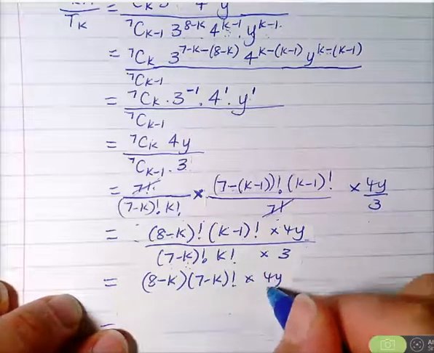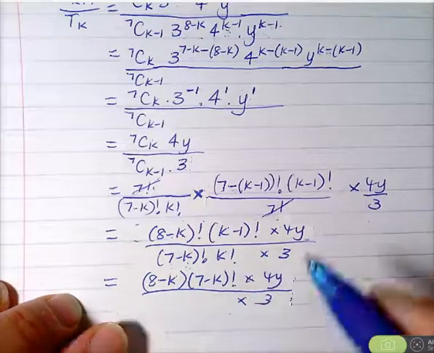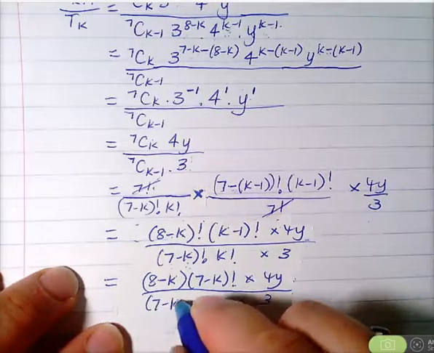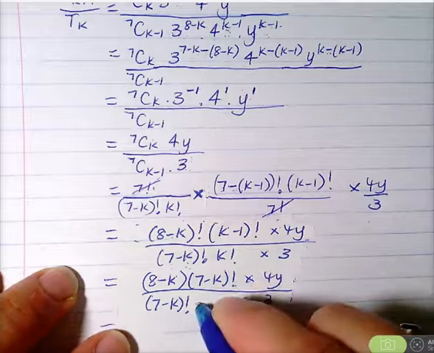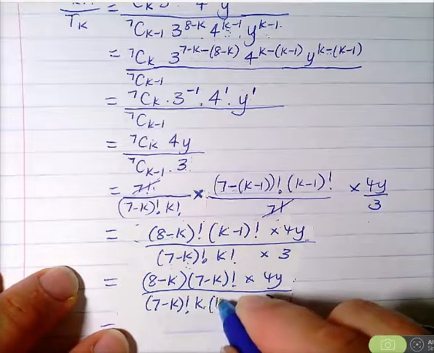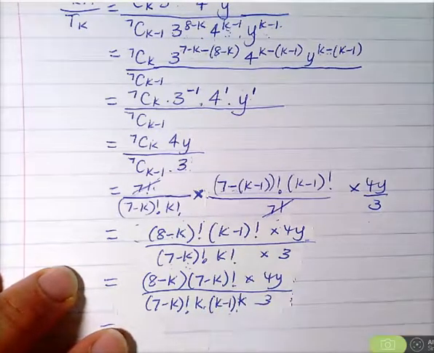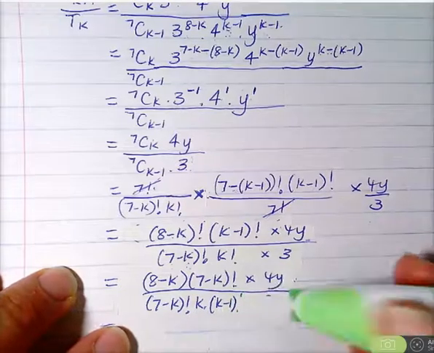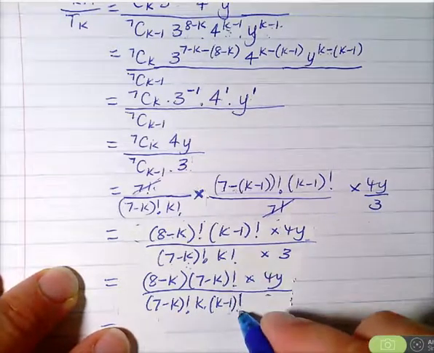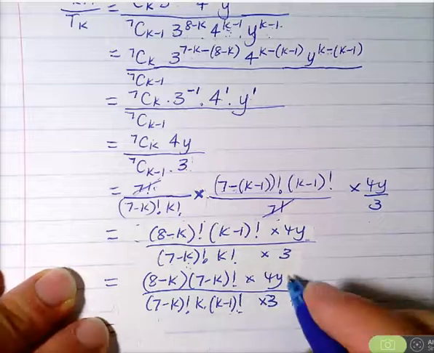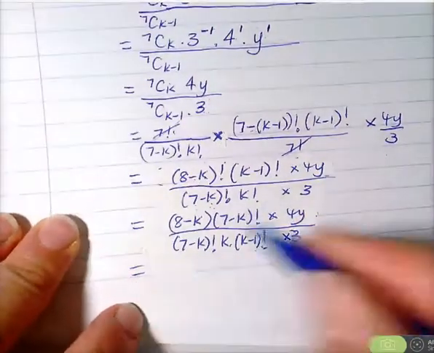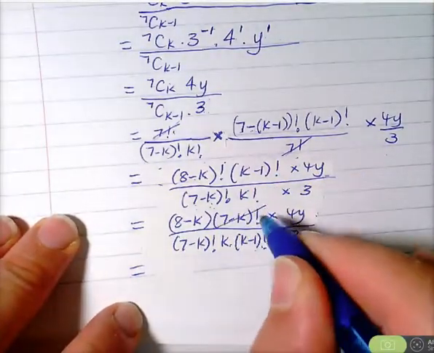So I'll still put this 4y over 3. I've still got the (7 minus k) factorial here. I'm going to write k factorial as k times (k minus 1) factorial. Remember, I've got that times 3 still here. Now I can cancel the 7 minus k factorials.